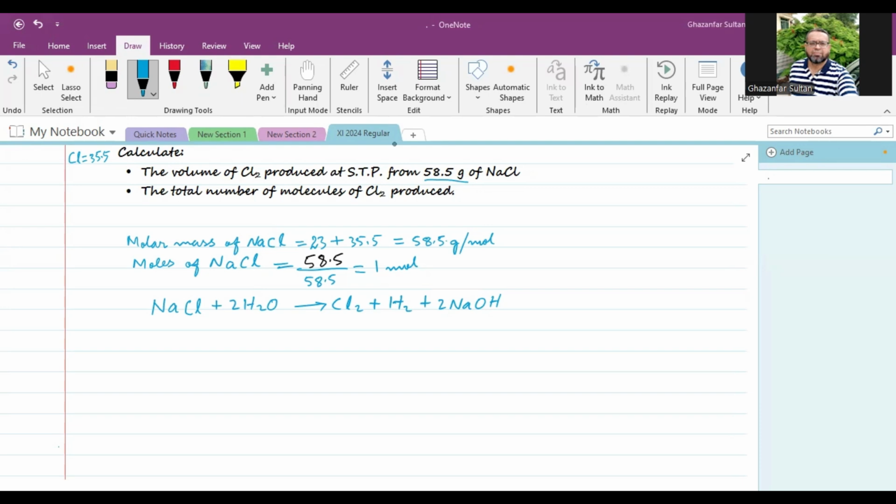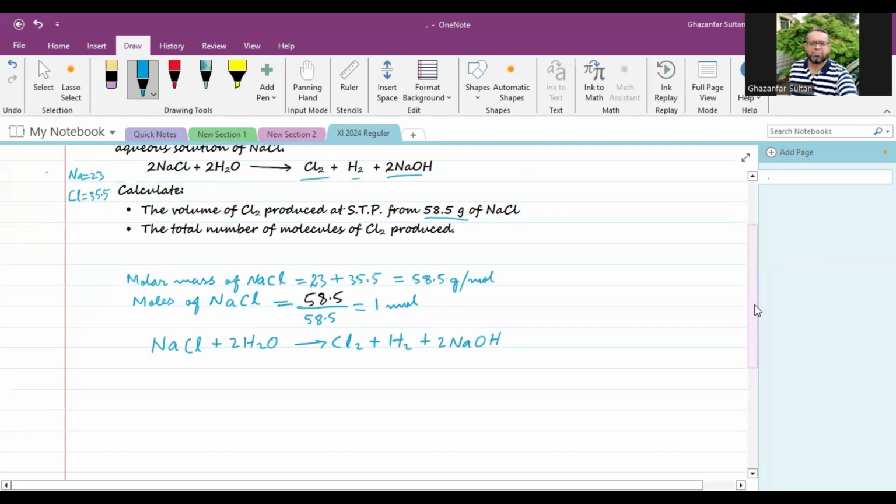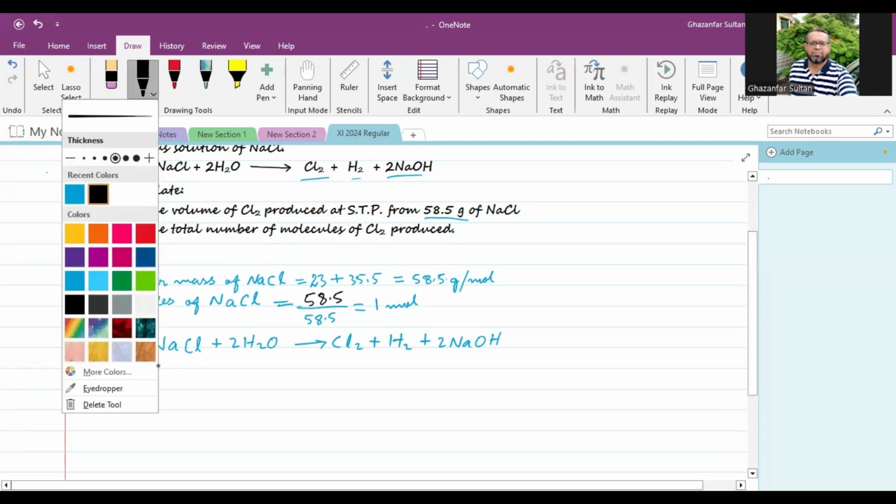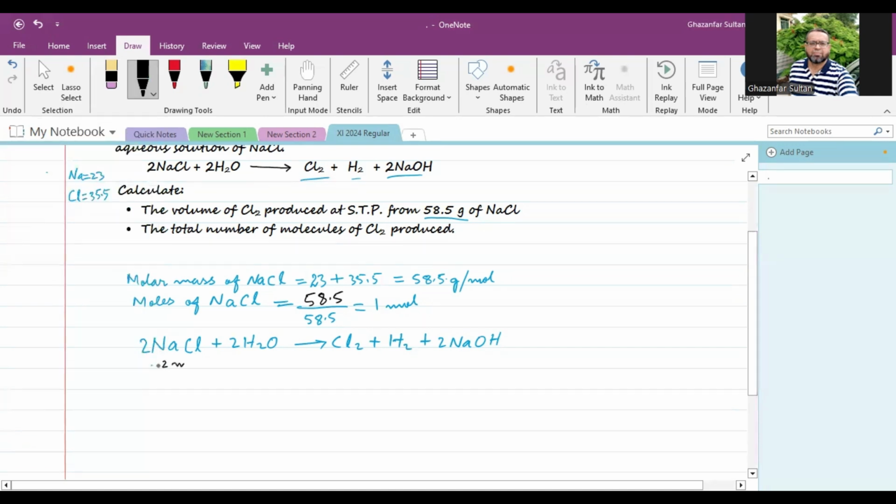So if you observe the chemical equation, it is not balanced. There must be two. So from this balanced chemical equation, it is shown that 2 moles of NaCl produces 1 mole chlorine.